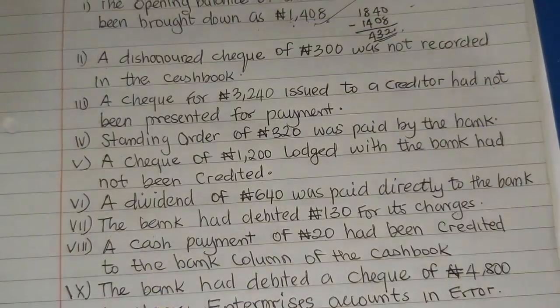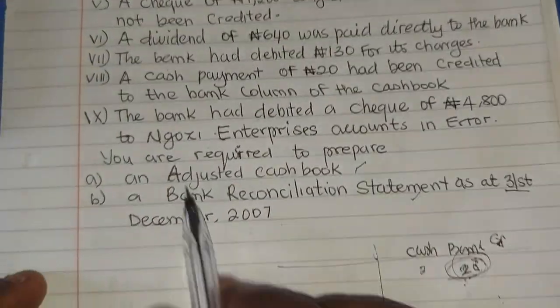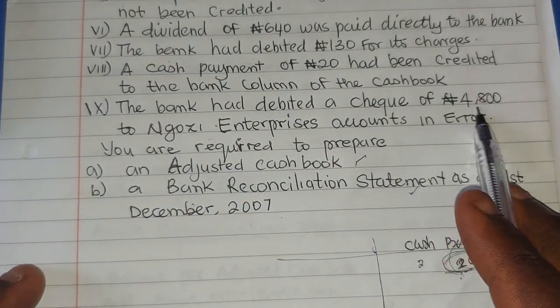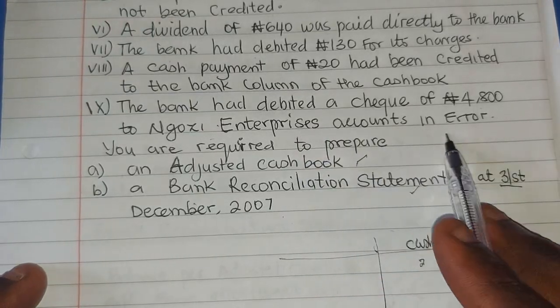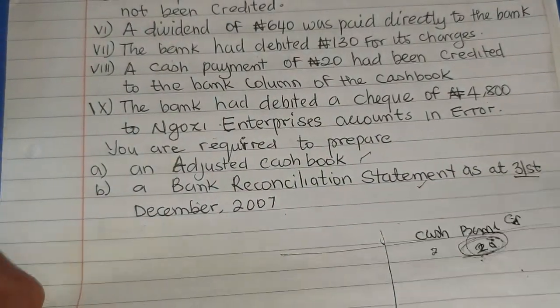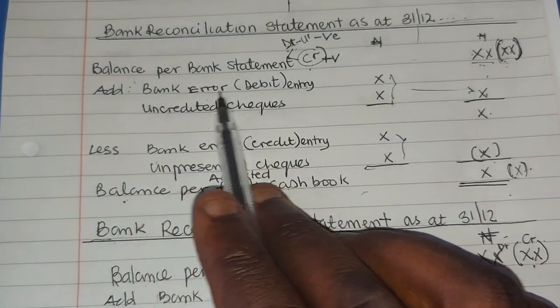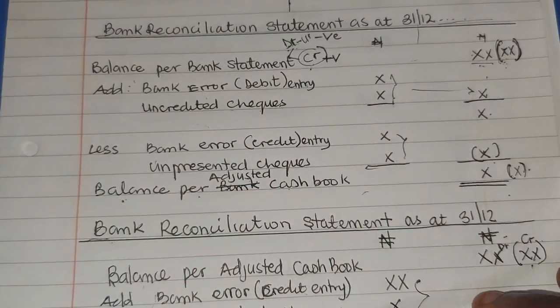All right, class. Then the next one is the bank had debited a check of 420 to Ngozi account in error. So how do you treat that when you start with balance as per bank statement? That is bank error, debit entry in error.